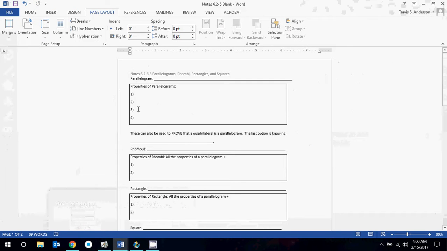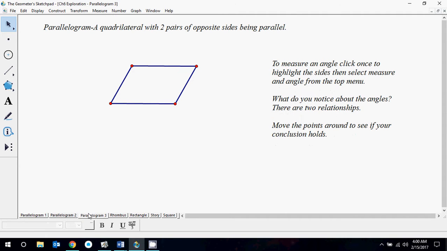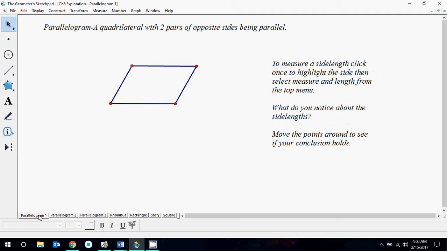Using these 3 tabs, parallelogram 1, parallelogram 2, and parallelogram 3, I want you to answer those questions and fill in the properties that you notice.